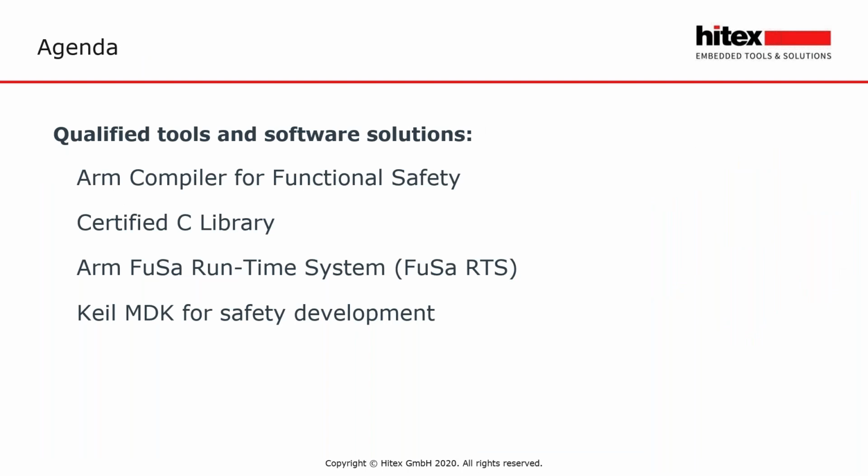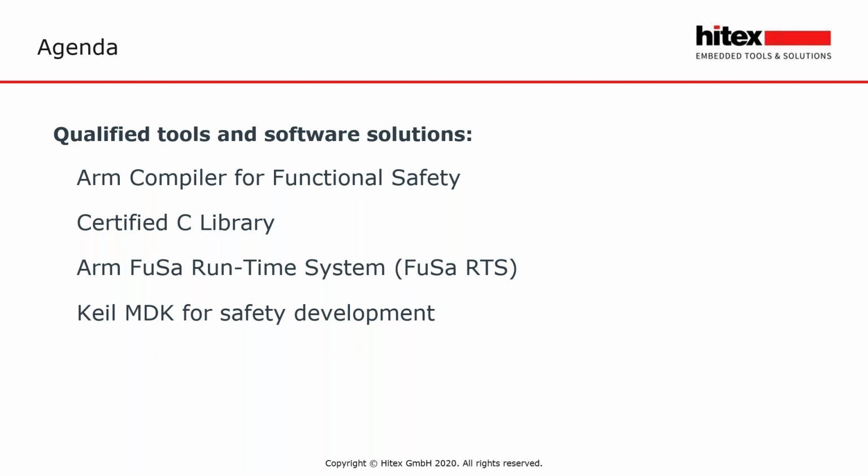So there are a number of safety offerings that are now available for Cortex M microcontrollers. For many years, the ARM compiler has been safety certified by TÜV. There's a couple of versions of the compiler, and both of them are now safety certified.